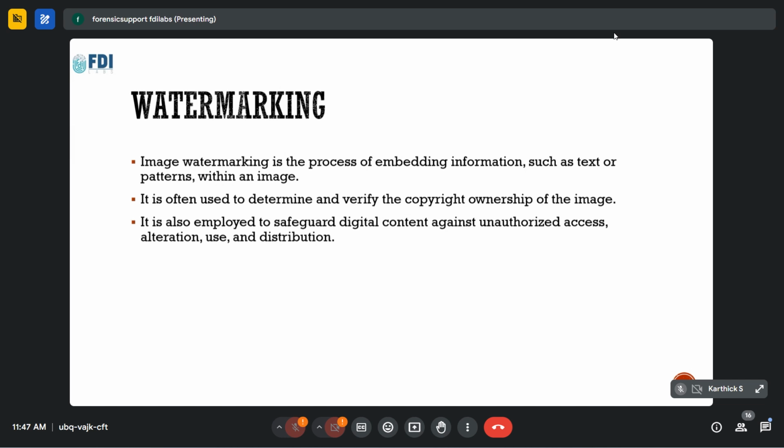To tell you, digital watermarking is nothing but applying some information or hiding some information into the image.